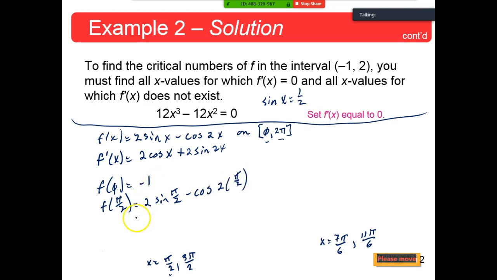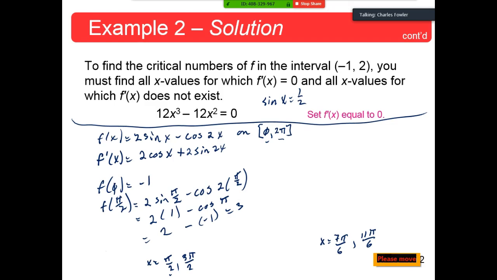This is equal to 2 times 1 minus the cosine of pi, and this will be 2 minus, and what's cosine of pi? -1, and that would be 3. Okay, we have a potential maximum, don't you think?